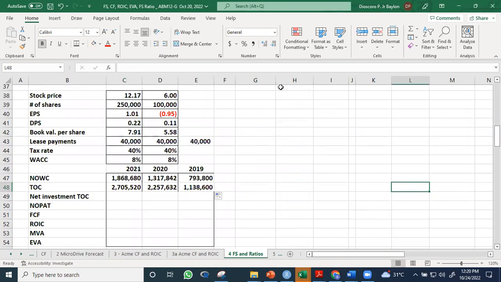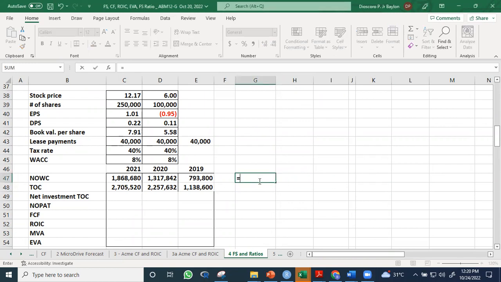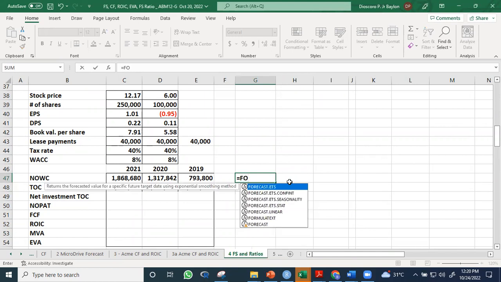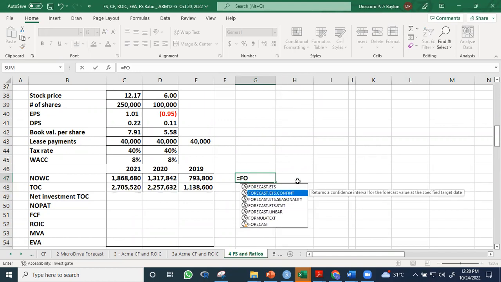Okay, so once again, guys, kindly chat, please, if you got the total operating capital, which is just the sum of, let me flash the formula here.